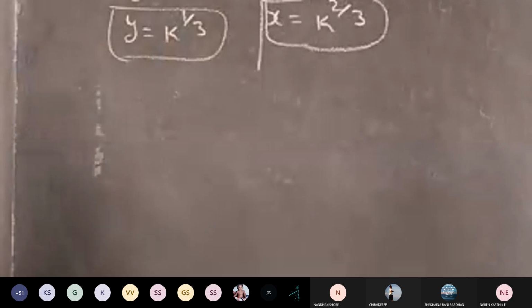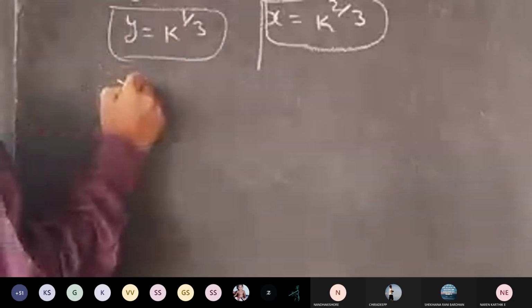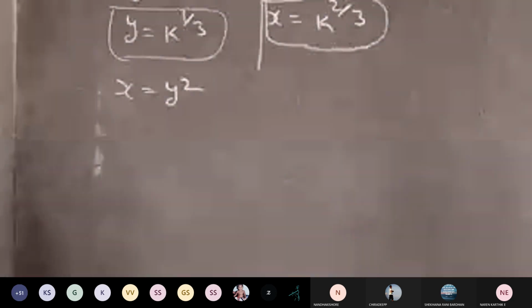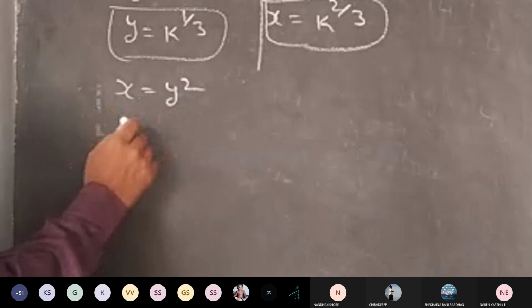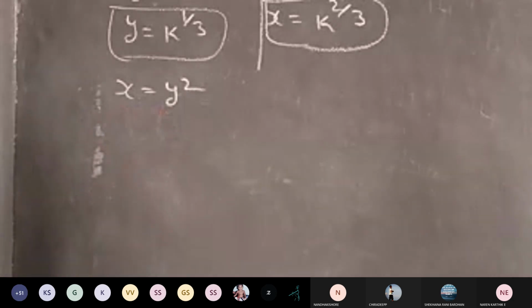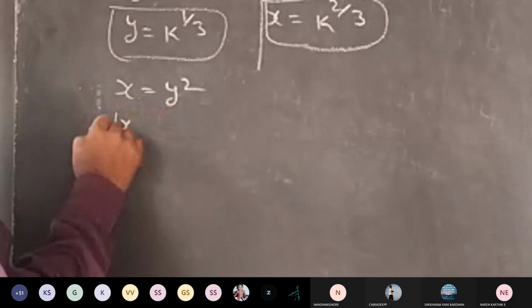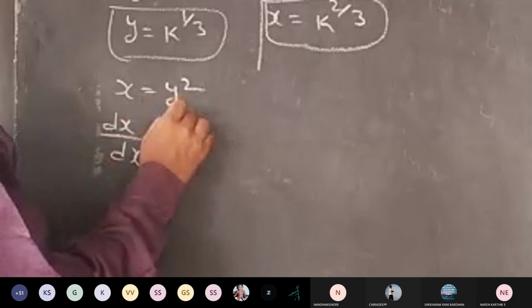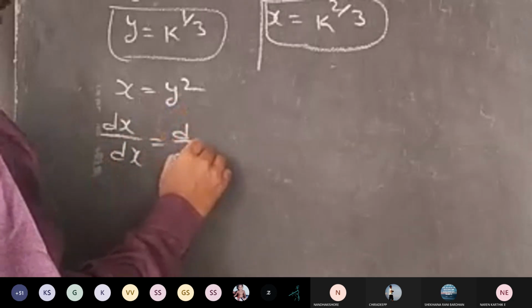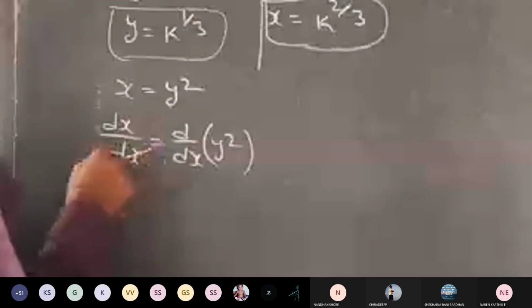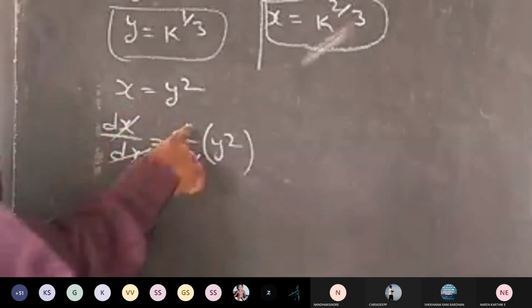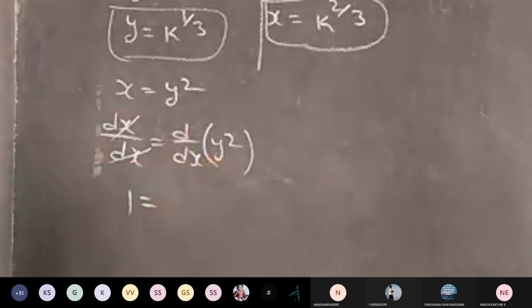Okay. Next, what are the given equations? x is equal to y square. Differentiate both sides with respect to x. So here what can you write? dx by dx is equal to d by dx of y square. So now dx will get cancelled. 1 is equal to d by dx of y square.